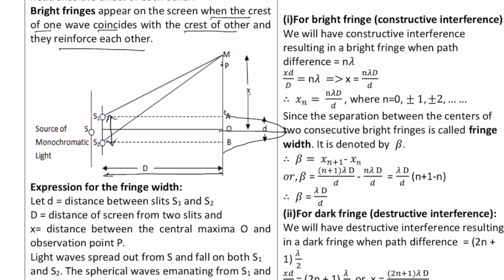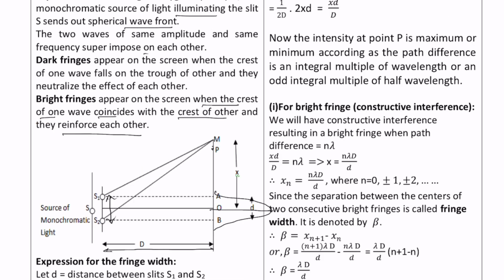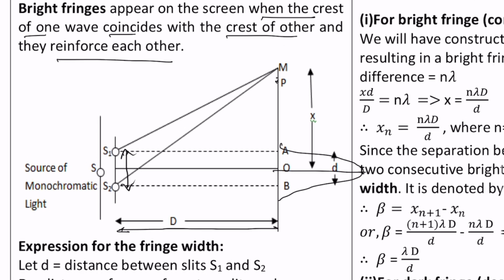Now, light waves spread out from S and fall on S1 and S2. The spherical waves emanating from S1 and S2 will produce interference fringes on the screen. Now, from geometric optics, consider S1P.